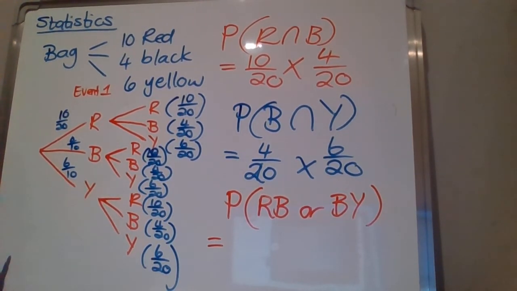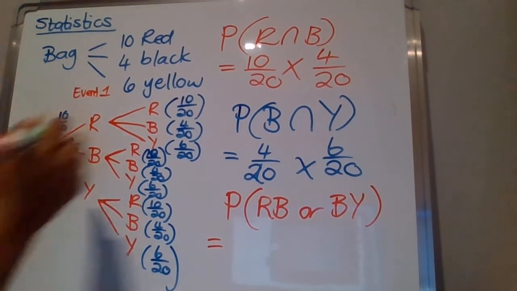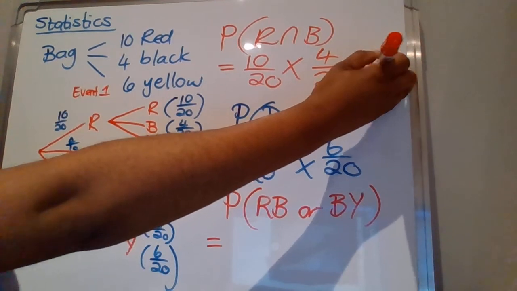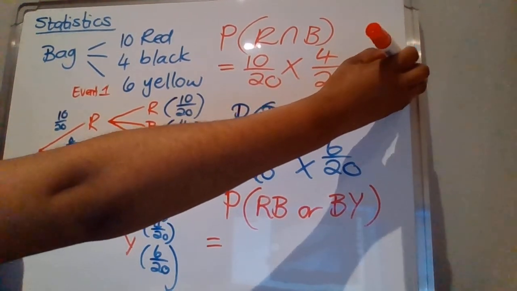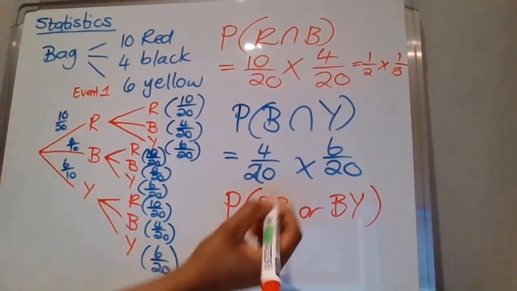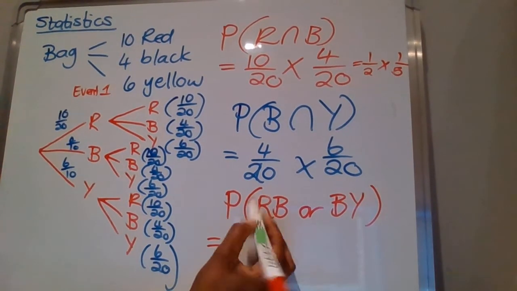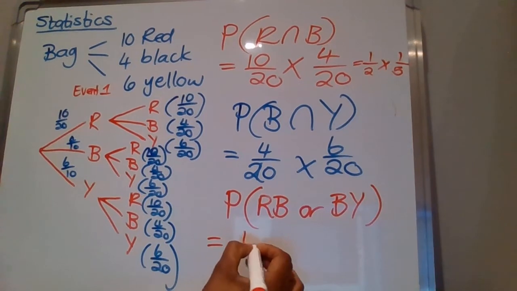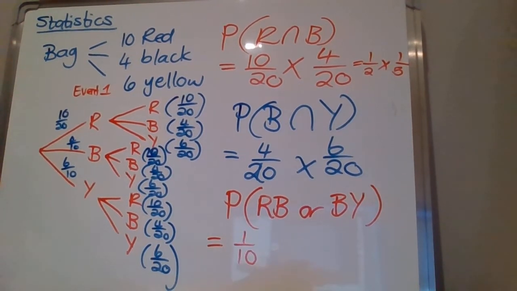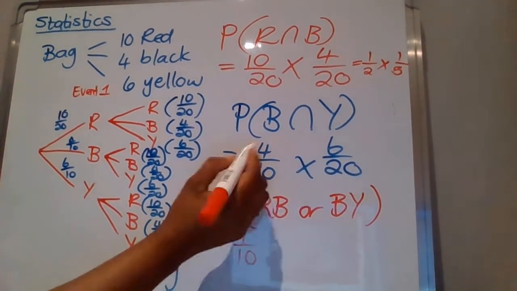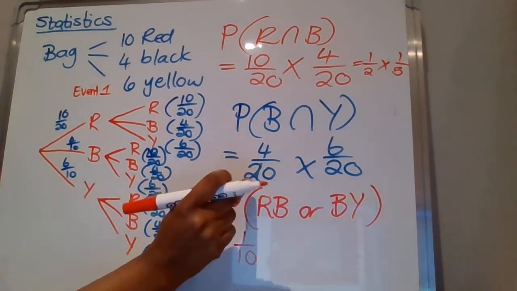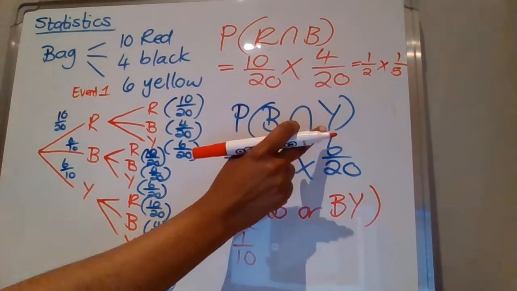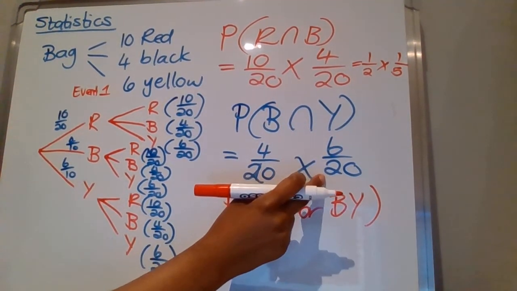So what is your probability here? Okay, so this is the same as 1 over 2 multiplied by 1 over 5. Okay, so the probability of me getting a red and then a black ball is going to be 1 out of 10. Okay, this one here, it's 1 over 5 multiplied by 3 over 10.